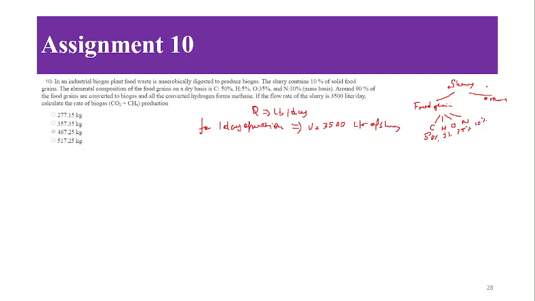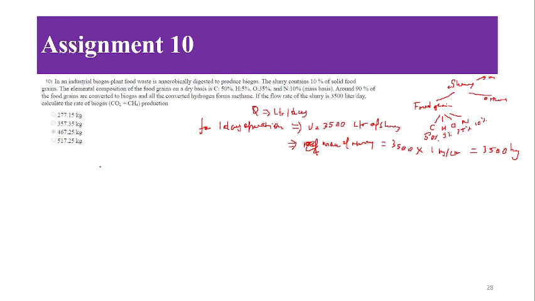So for the slurry, first we need to find out the mass of slurry. From there we can find out the mass of food grains and the mass of different elements present in the food grain. So for 3500 liter of slurry, we assume the density as 1 kg per liter. So the mass of slurry is equal to 3500 into density, which is 1 kg per liter. So we get 3500 kg of slurry dealt in 1 day operation.